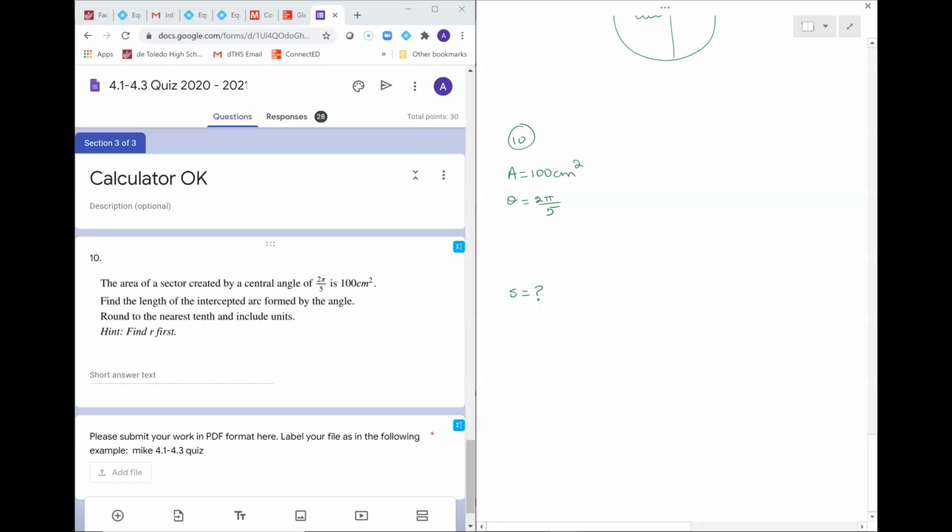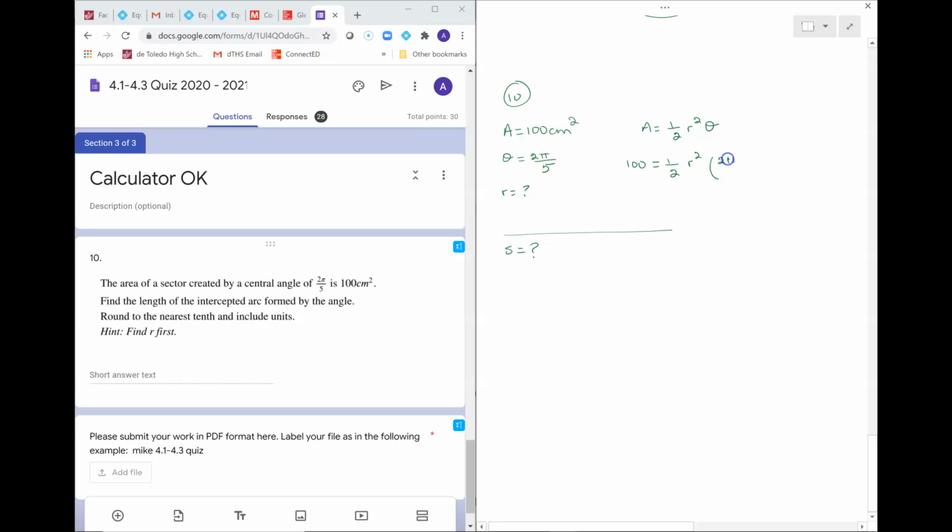So this is actually a two-step problem. First, you need to find r, and then you need to find S. So let's first find r. I know that the formula for the area of a sector is half r squared theta. The area is 100, and that's half r squared times theta. And here the 2's will cancel.